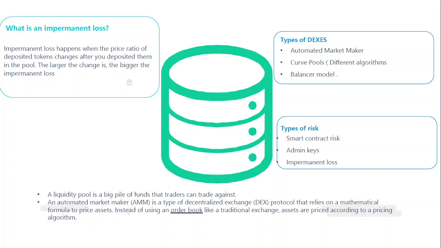So it's really important that you understand what impermanent loss is, and understand the losses that you could incur if certain worst case scenarios are met. Obviously, the other type of risk you get in a DEX is smart contract risk, admin keys.